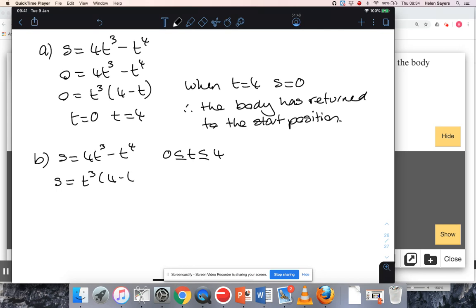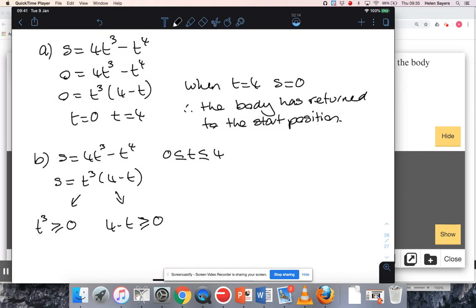But if I go to the factorised version, then I can say, well, because t is between 0 and 4, t cubed is always greater than or equal to 0, and 4 minus t is also greater than or equal to 0, because t is never greater than 4.